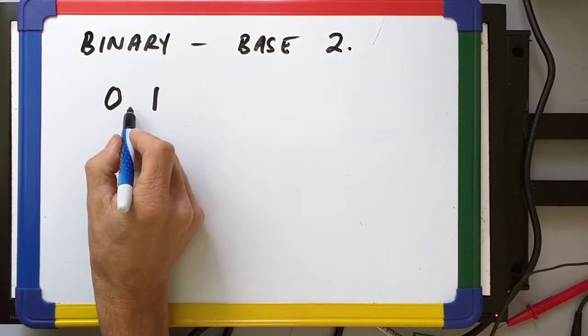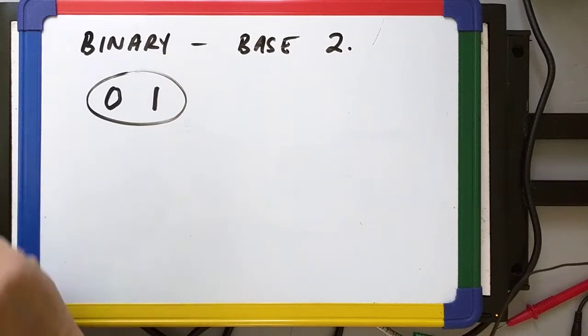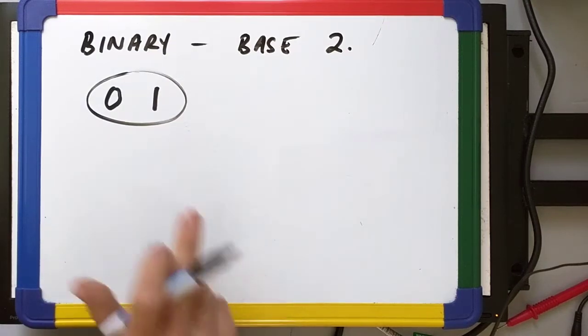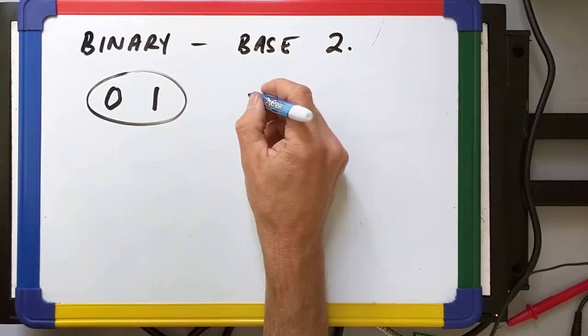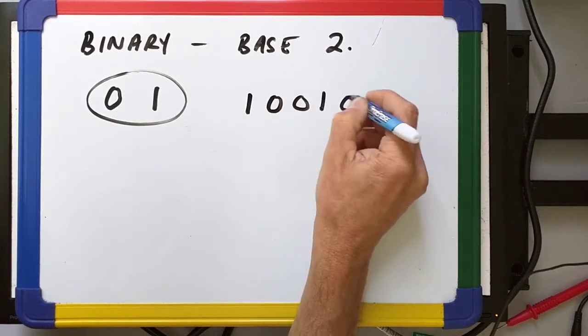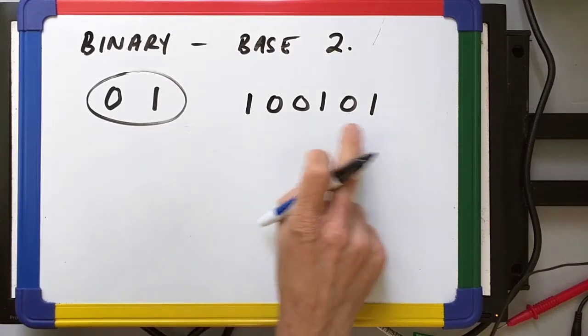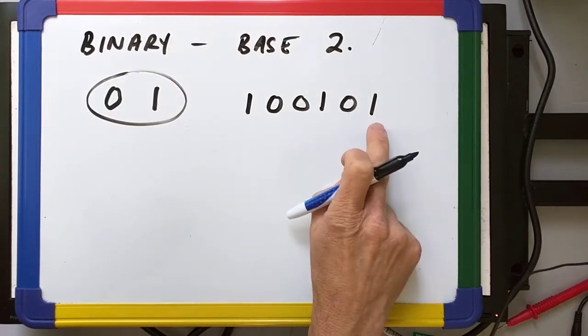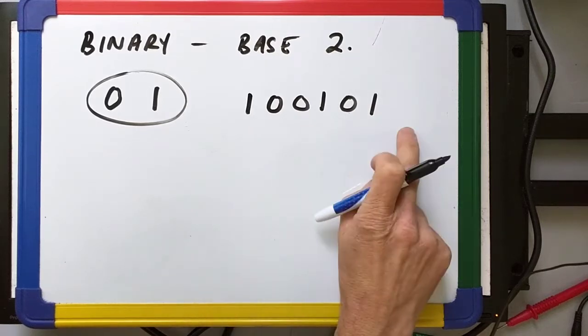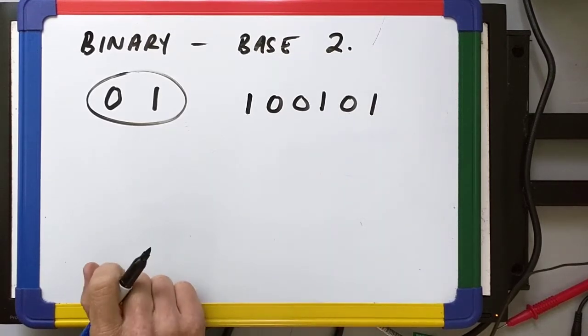So these are the only 2 symbols that make up numbers written in binary. So here is a number written in binary. Not sure yet what value it is, we'll work that out in a moment. But you can't have the digit 2 or 3 or 4 in here. It can only be 0s and 1s.